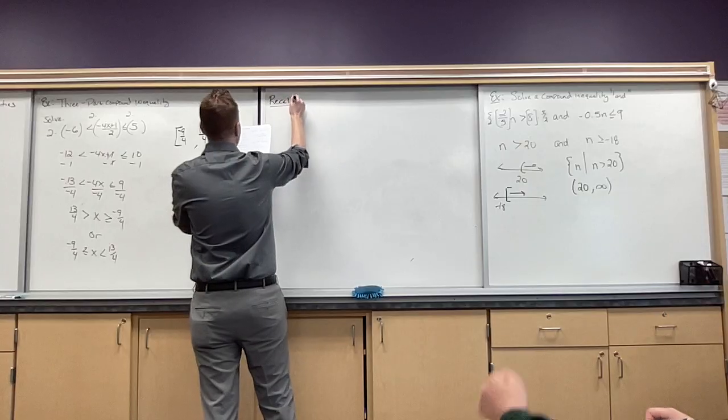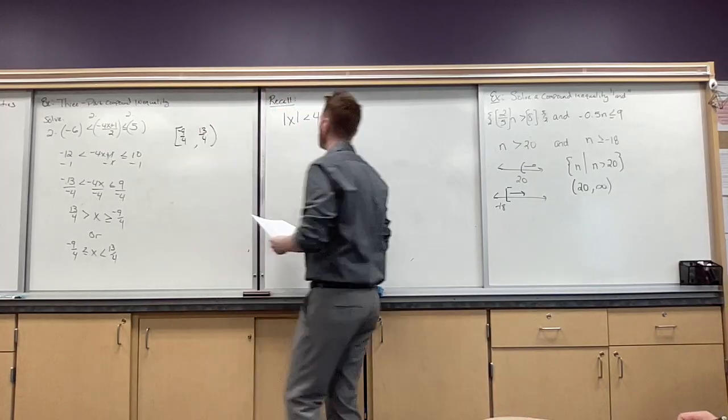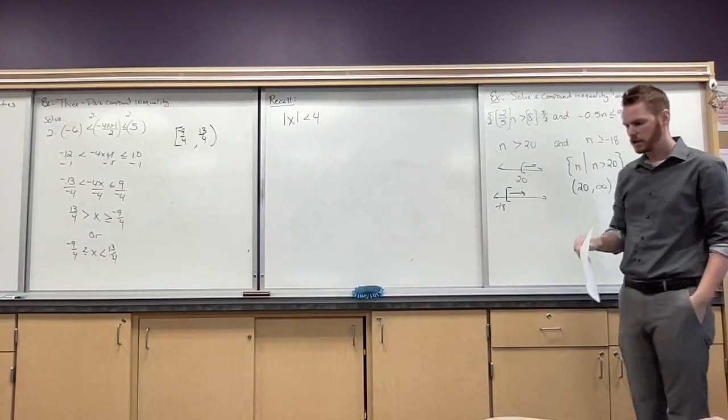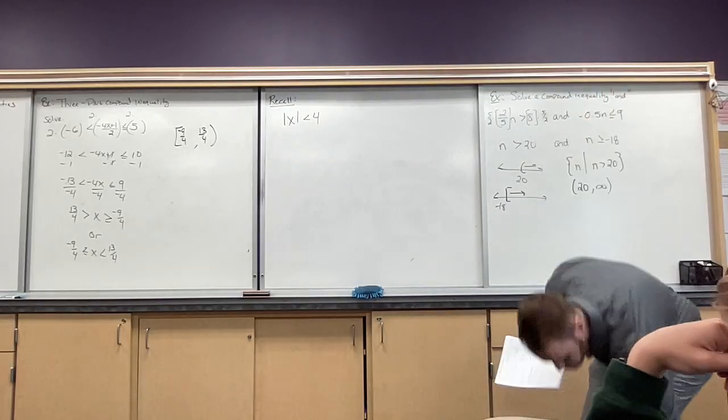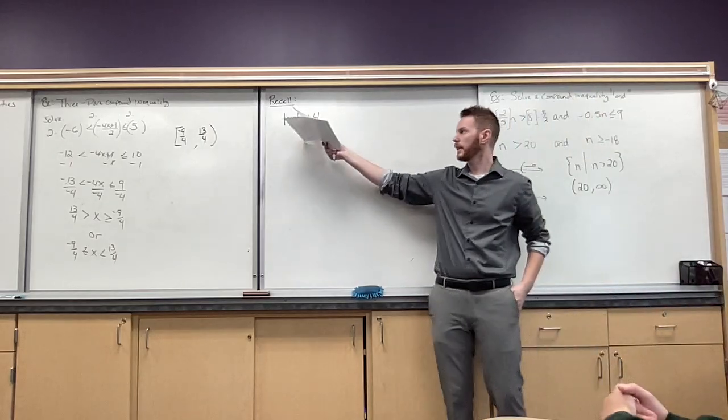So let's just do a quick recall. Let's say I had something like this, right? Now remember, absolute value is how far you are from 0, like how many units, okay? Well, this is less than 4.